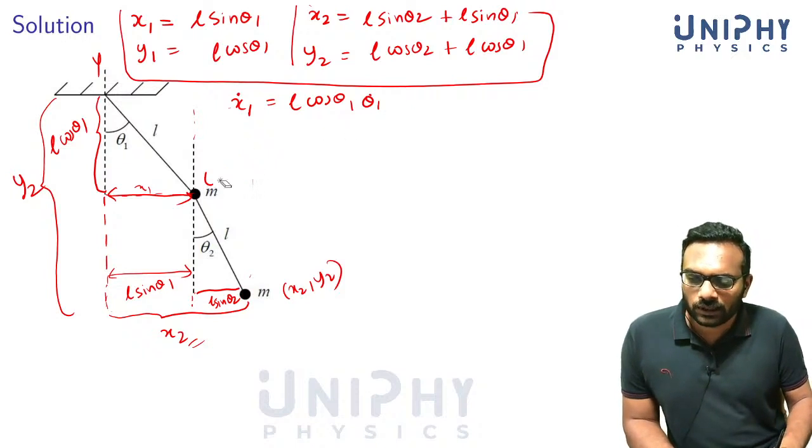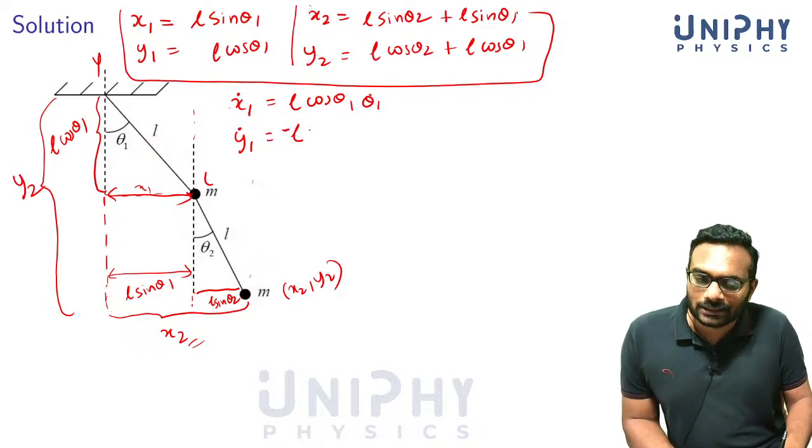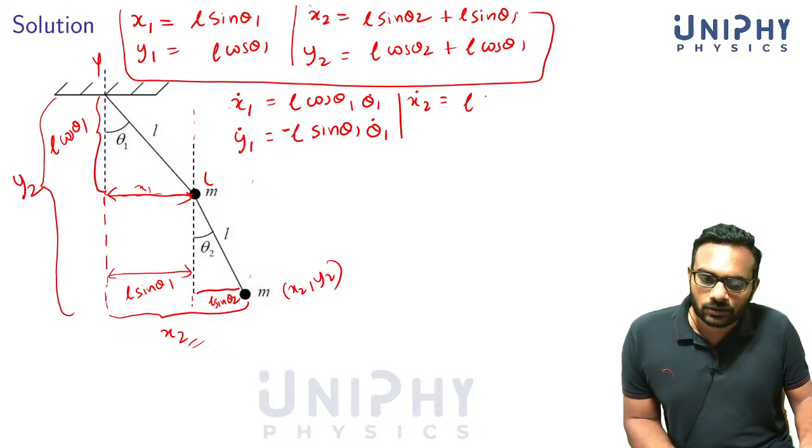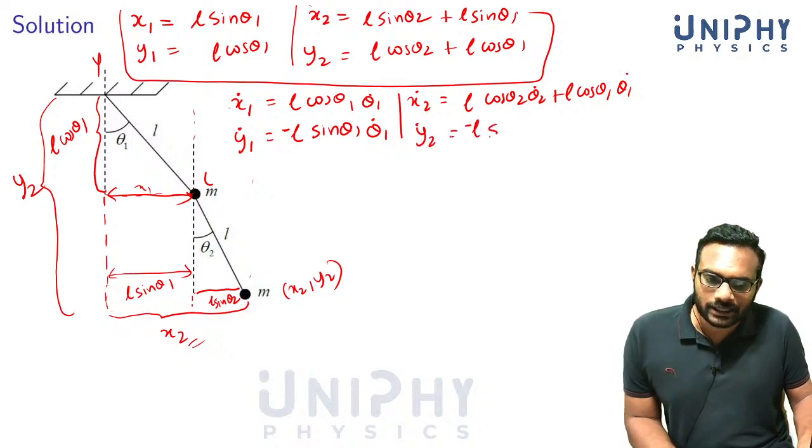And what's y1 dot? y1 dot is equal to minus L sin theta 1 dot, all right. What's x2 dot? x2 dot is equal to L cos theta 2 dot plus L cos theta 1 dot, all right. y2 dot is equal to minus L sin theta 2 dot minus L sin theta 1 dot, all right.